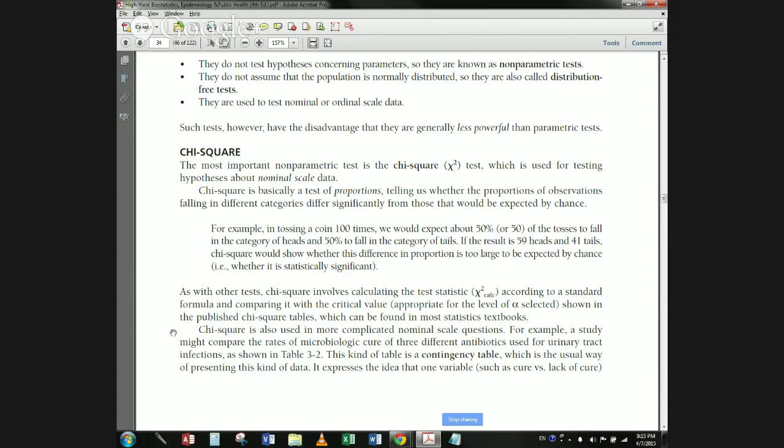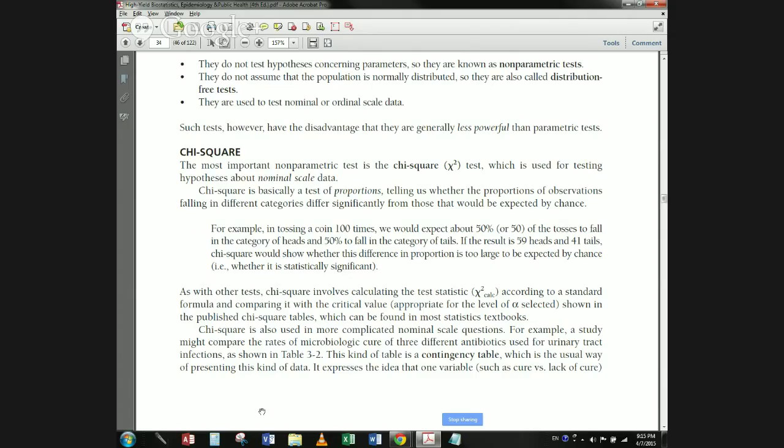Chi-square is also used in more complicated nominal scale questions. For example, a study might compare the rates of microbiologic cure for 3 different antibiotics used for urinary tract infections, as shown in Table 3.2. This kind of table is a contingency table, which is the usual way of presenting this kind of data.